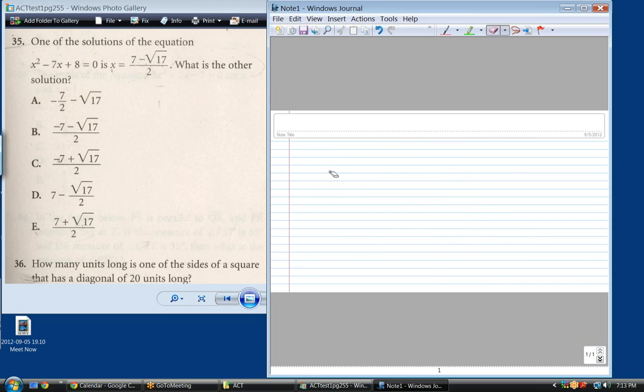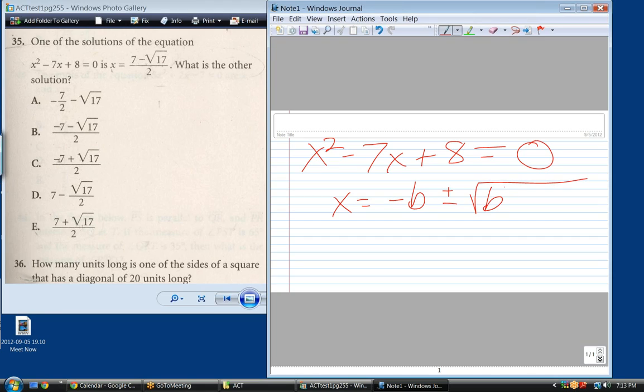If my equation is x squared minus 7x plus 8 equals 0, and the quadratic formula tells me that the solution to a quadratic equation can always be found using this, let's figure out how to solve this quadratic. Without looking at the answers, what would the answer be here? What's minus b? 7.